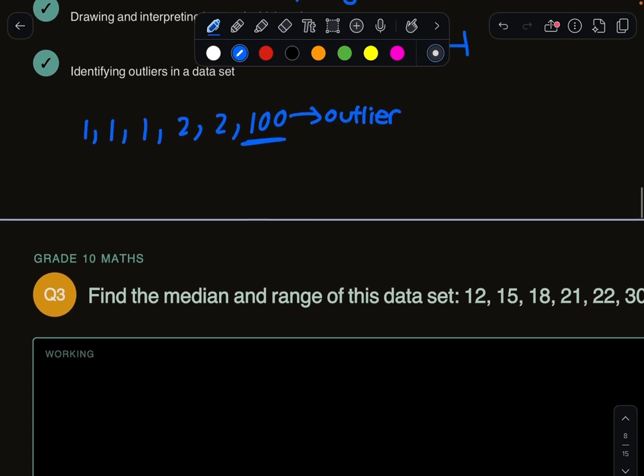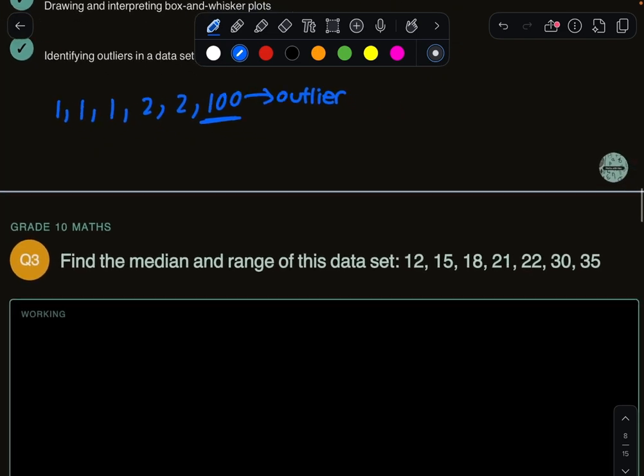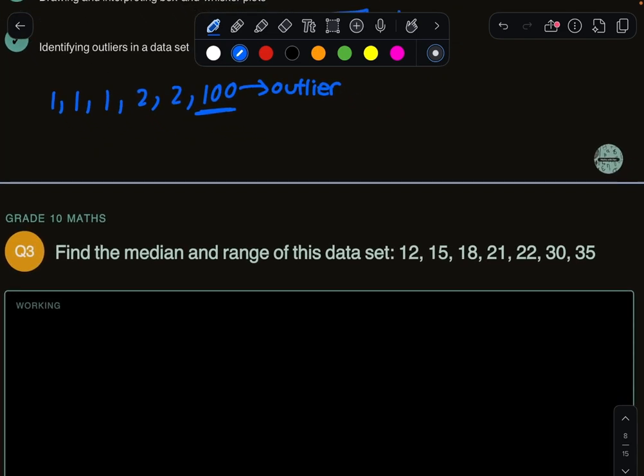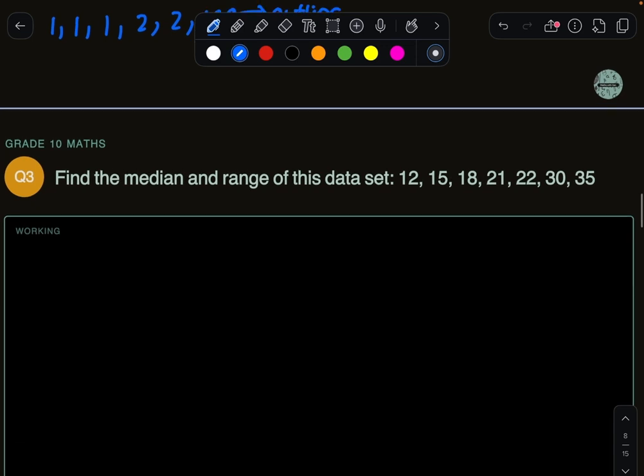As an example of a question in this data handling and stats section, find the median and range of this data set. So median, we said, is the middle number. Well, that's how I like to remember it. Median, middle.